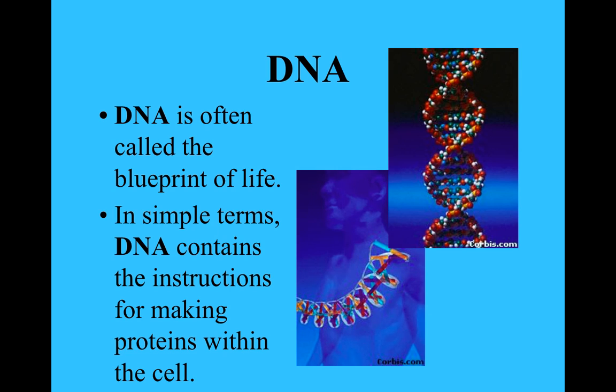They do everything from generating skin color and hair color and eye color, to creating some of the chemicals that your brain uses to communicate, to creating the things that your digestive system is using to break down your food.